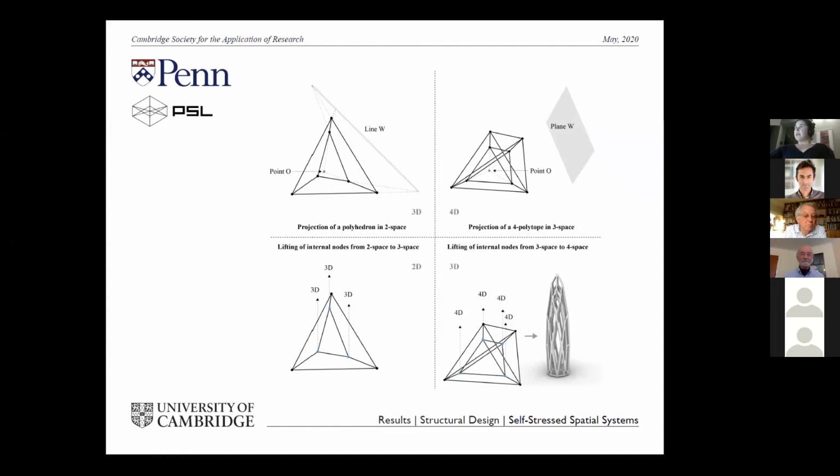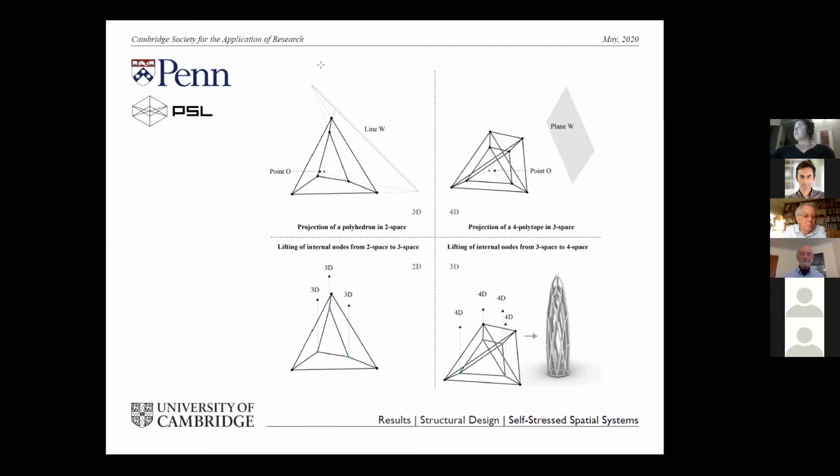What he said back then was that if we see, on the top left here, this two-dimensional truss, we can see it as a projection of a polyhedron. So if we want to recreate its stress function, and in this way create its force diagram and have a visual representation of its forces, we can just lift those internal points to the third dimension.